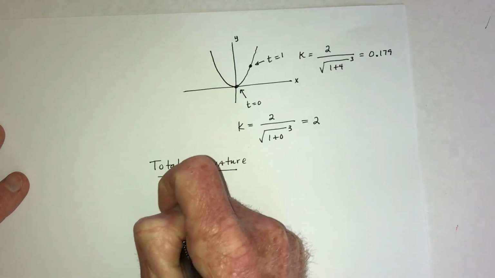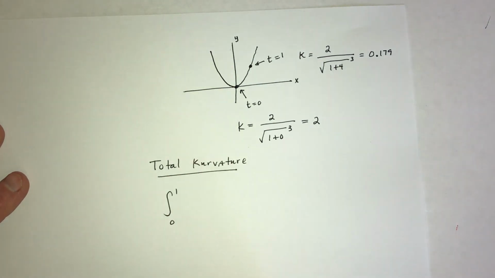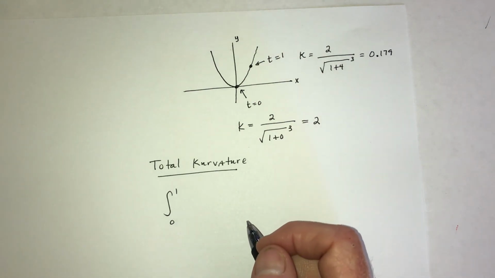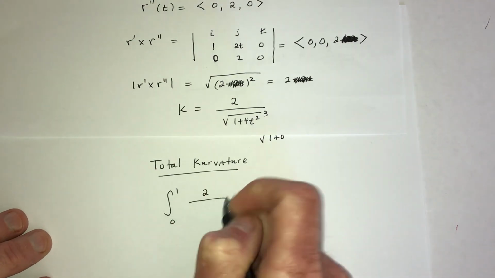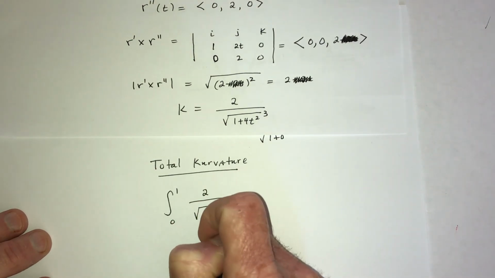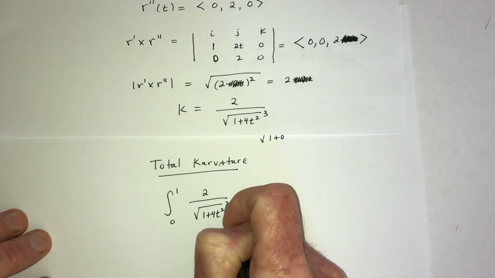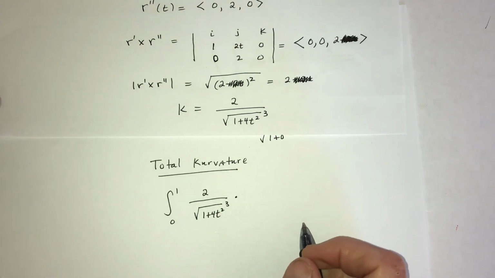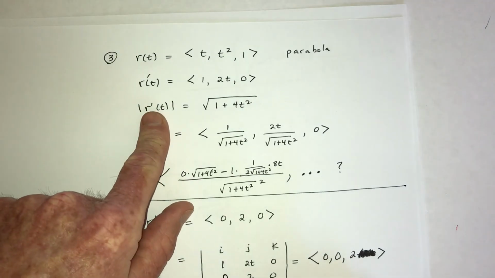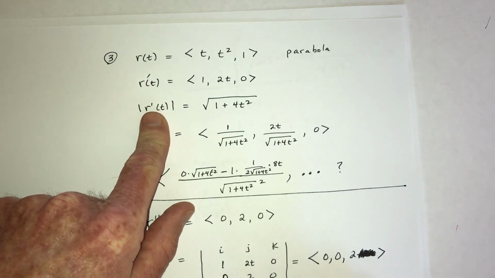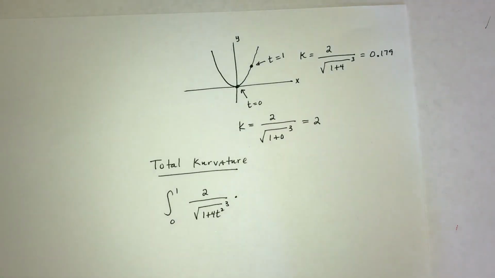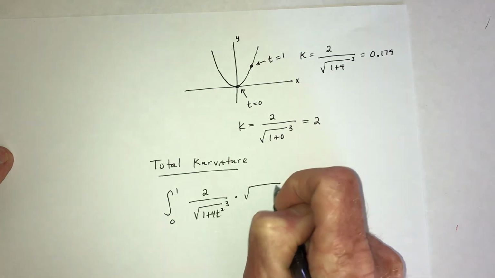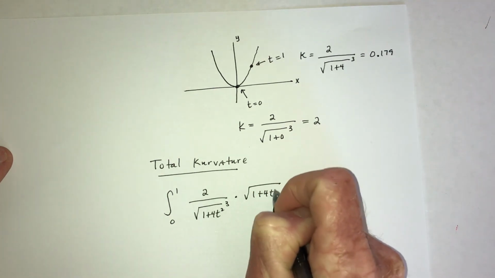So it'll be integral from 0 to 1, and then it's the curvature, which is right here, times, this is the velocity, the first derivative, the length of it is that right there. So you need to multiply by the square root of 1 plus 4t squared.